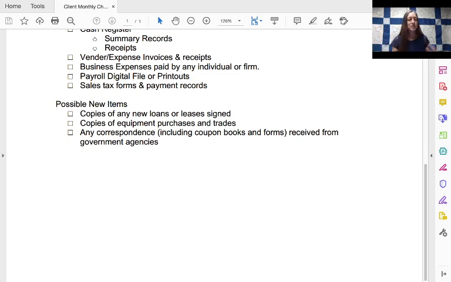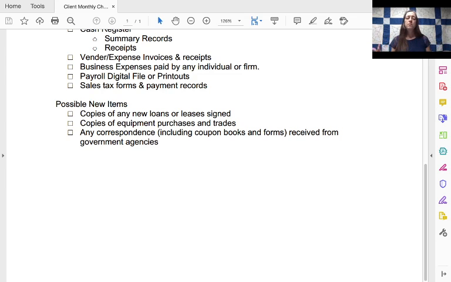All right, so businesses are always changing. If anything, this last year told us that businesses are always changing, and we have things that happen in them. So sometimes we have to get new loans. For example, the PPP loan was a new loan that a lot of businesses got. So your bookkeeper definitely needs to know the dates of those, the amount of those, so any paperwork that would have to do with that information as well needs to be given to your bookkeeper.